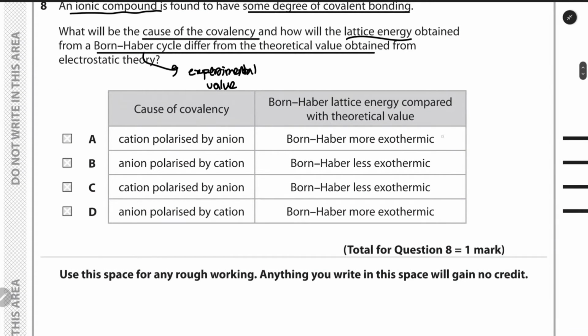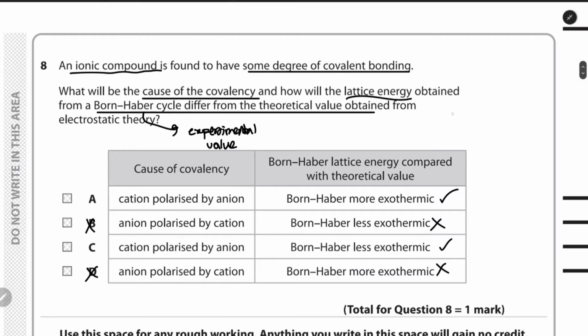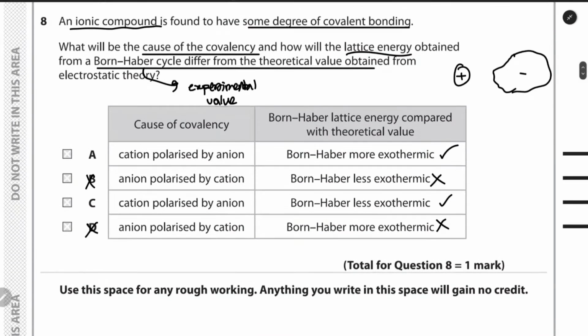It's more negative. So it can be A and C, B and D are out. And this is due to the cation polarizing the anion. So the cation's positive charge will distort the electron cloud of the anion. This causes the covalency.